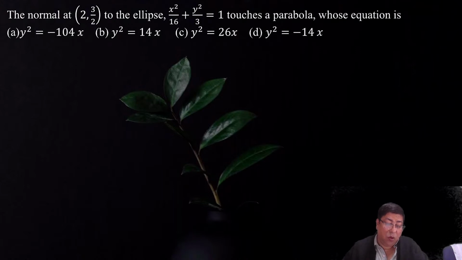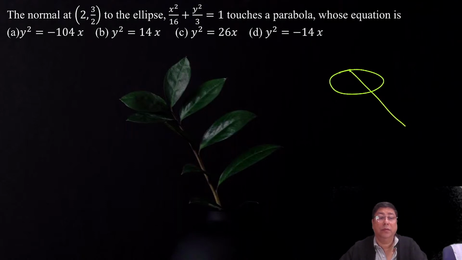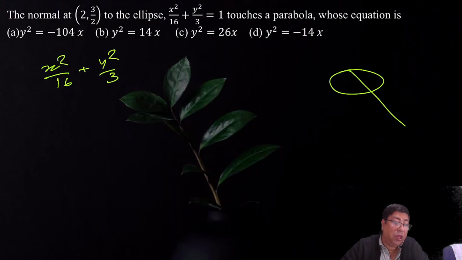Here it is given that the normal at (2, 3/2) to the ellipse x square by 16 plus y square by 3 equal to 1 touches a parabola. We have to find the equation of that parabola.